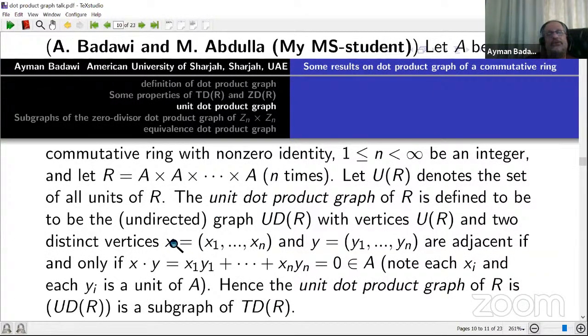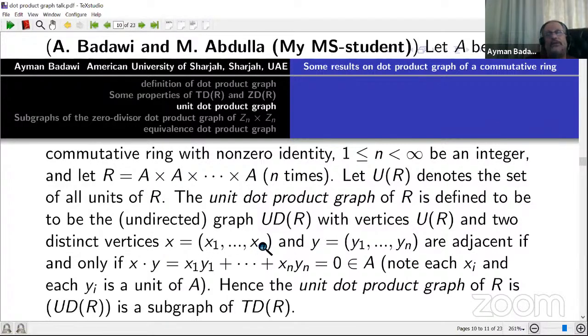So my vertices now are units in the ring R, which is a product of A n times. If X is a unit in R, that means X1 has to be a unit in A, X2 has to be a unit in A, and so on.